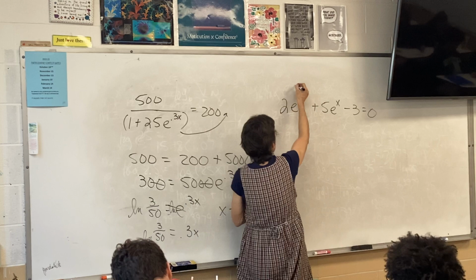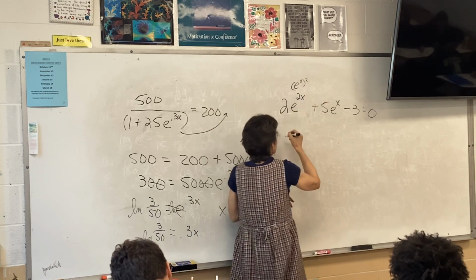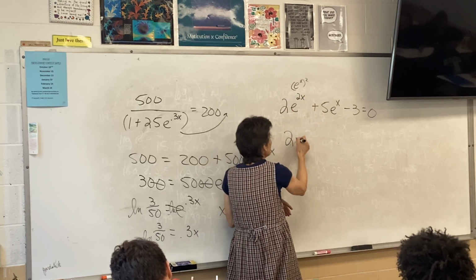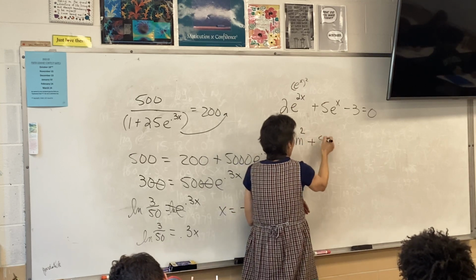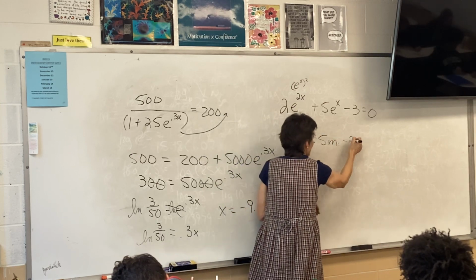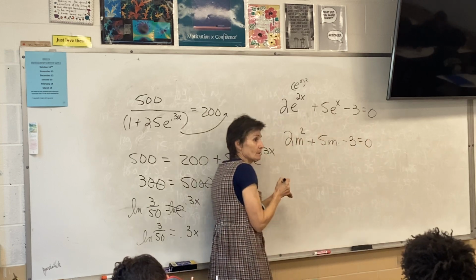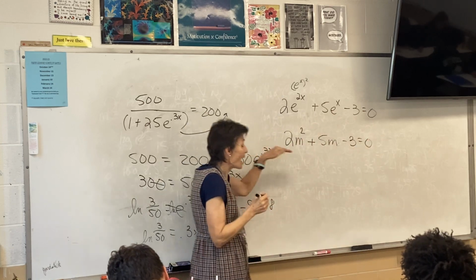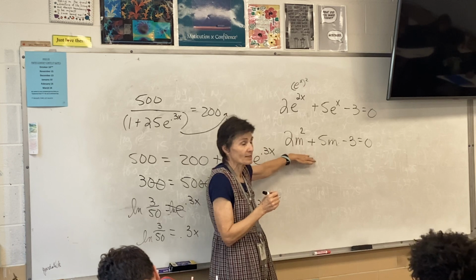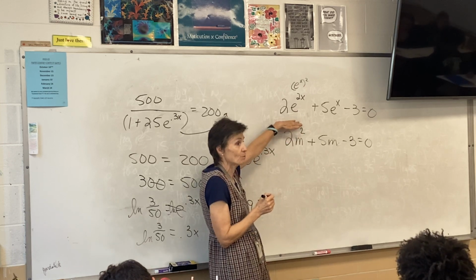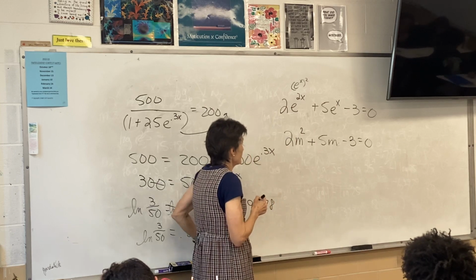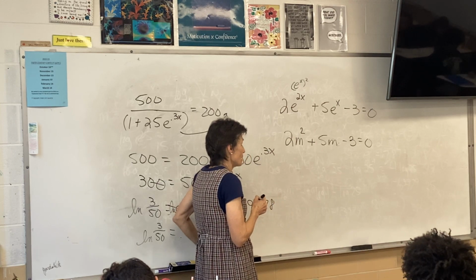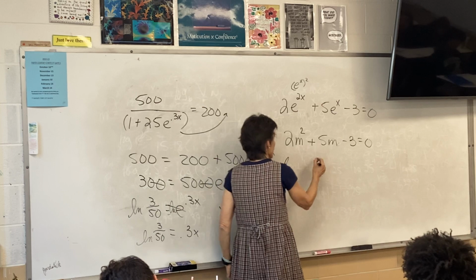Because this is e to the x squared. So this time I've got 2 of those things, plus 5 of them, minus 3. Now, you don't have to do this substitution, you guys. You can solve it straight from here if you want. I think that one factors, doesn't it?